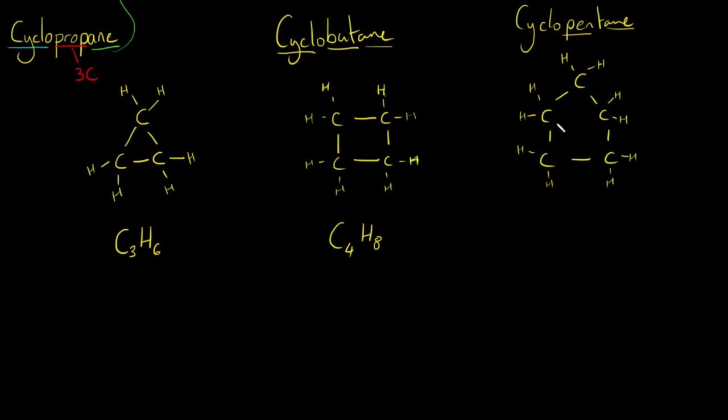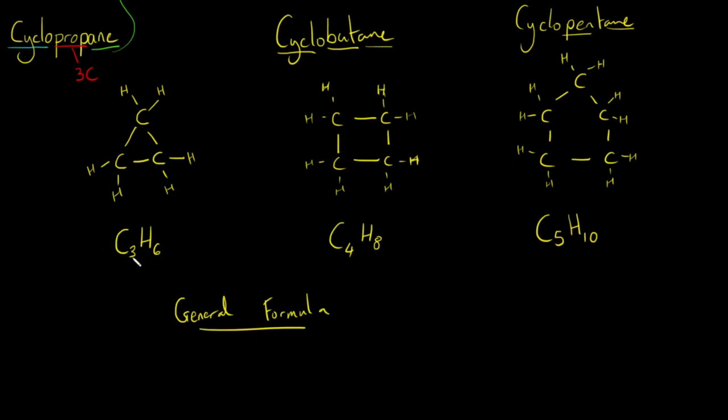And let's look at the last one here. We've got 5 carbons, C5 and H, 1, 2, 3, 4, 5, 6, 7, 8, 9, 10. C5H10. So we've got our molecular formulas for cyclopropane, cyclobutane and cyclopentane. Now that should allow us to work out our general formula for our cycloalkanes.